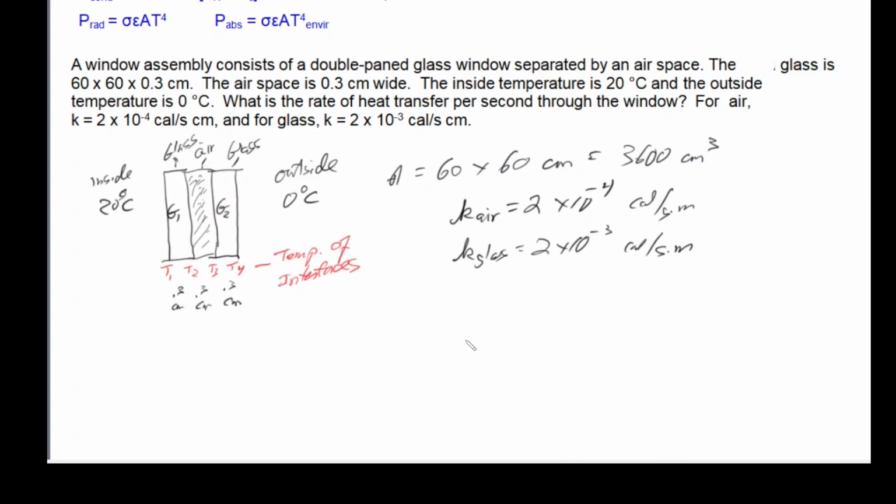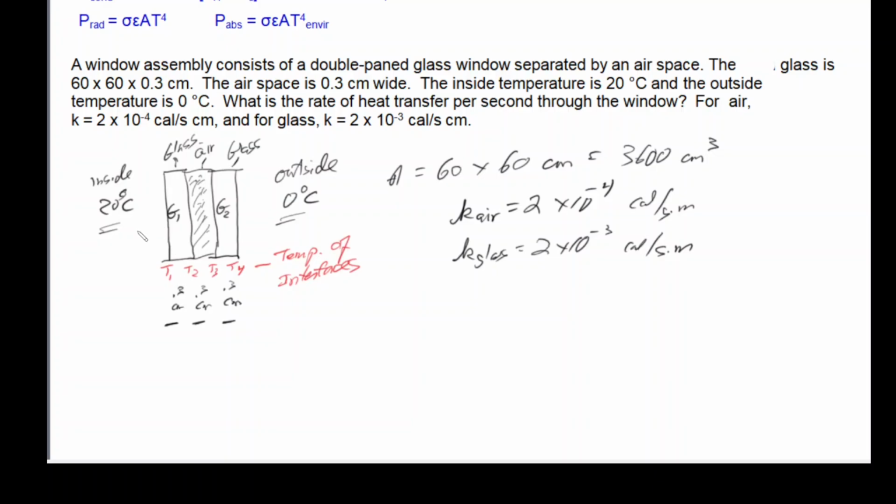So you can see a drawing of this window system. You have glass 1 and glass 2 separated by an air space. The inside temperature is 20 degrees Celsius, the outside is 0 degrees. And each segment is 0.3 centimeters wide. And I put here the temperature of the interfaces.